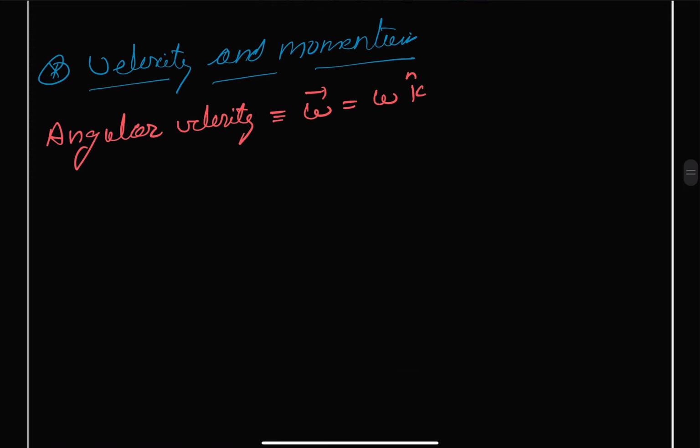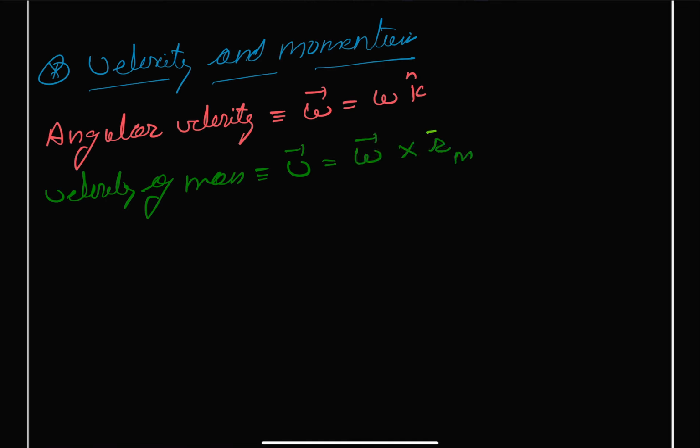Therefore the velocity of the mass, that is our v, will be equal to angular velocity cross our position vector of our mass.